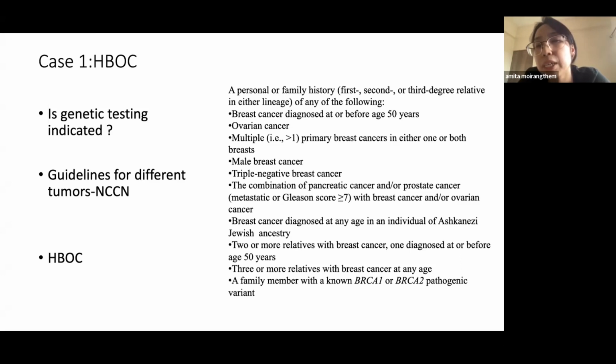It doesn't mean that if someone does not fulfill these criteria, he or she might not have a mutation in a hereditary cancer gene. It's just that with these criteria, we are more able to pick up those cases which are likely to have mutations in these genes.